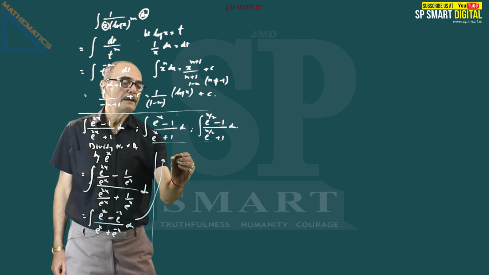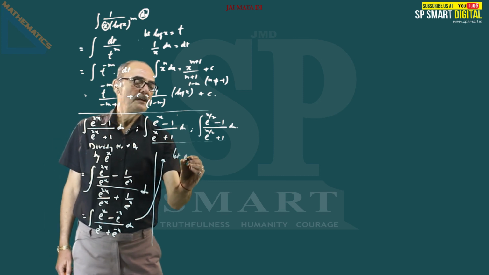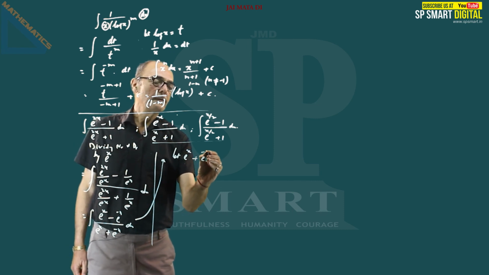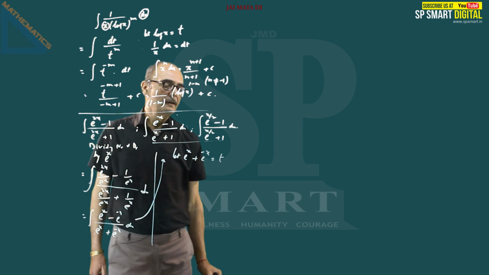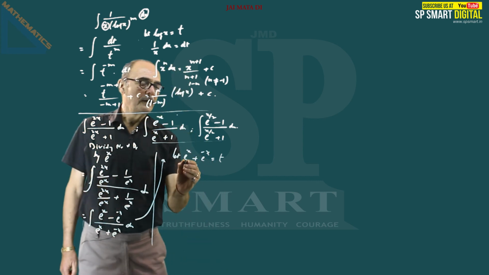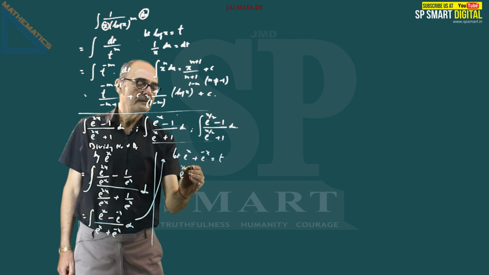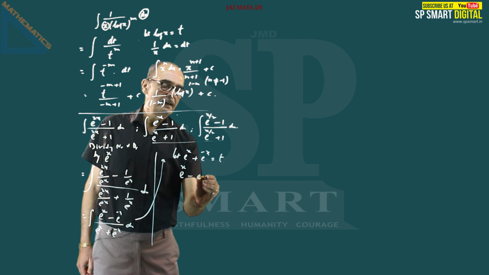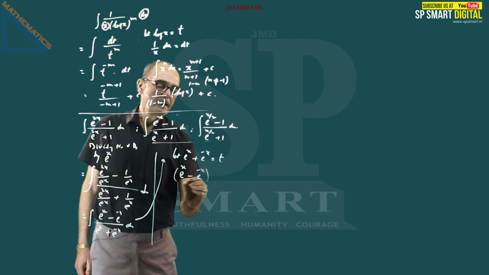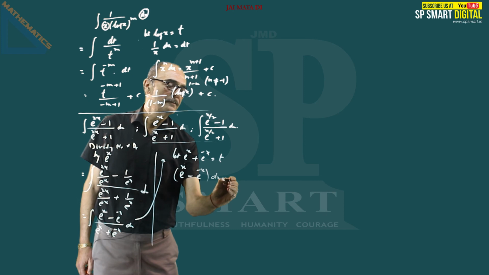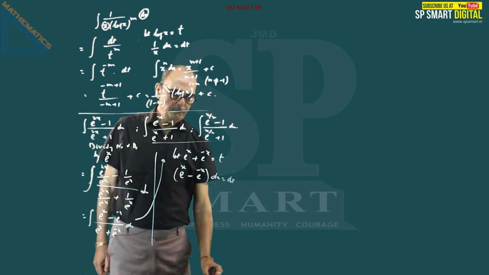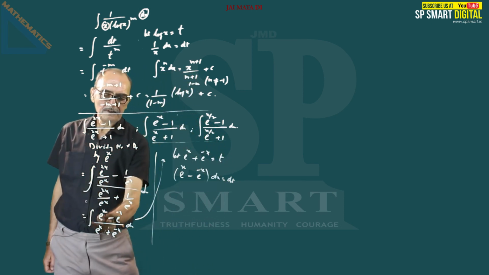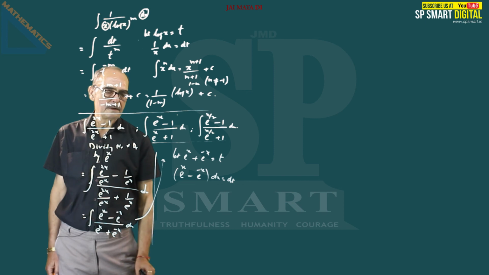We make the substitution here, okay, let e raised to power x in the denominator plus e raised to power minus x equal to t. Derivative of e raised to power x is this, derivative of e raised to power minus x is minus e raised to power minus x and d of x. So, this is dt. That means, we observe the derivative of the denominator is in the numerator.